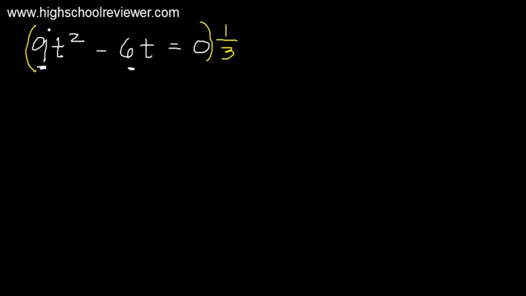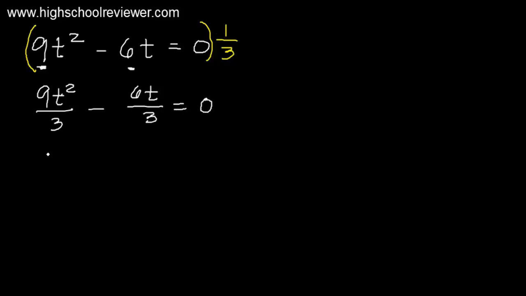So this will be 9t squared times 1 over 3. This will be 9t squared all over 3 minus 6t all over 3 equals 0 times 1 over 3, that is 0.